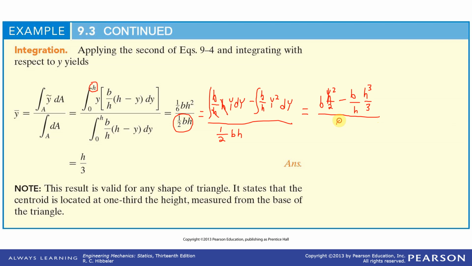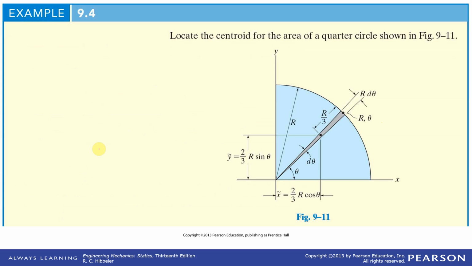All over 1/2 bh. Which is going to equal, so I have bh squared here, bh squared here. It's going to factor out. 1/2 minus 1/3 is 1/6. So voila, we got it. h over 3. And we learned that from distributed forces before.